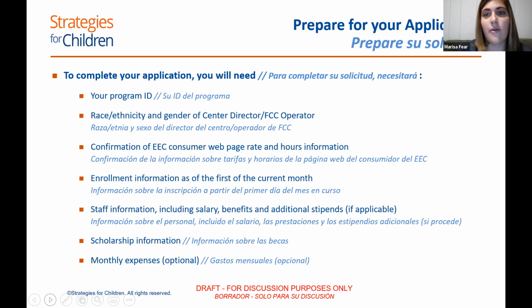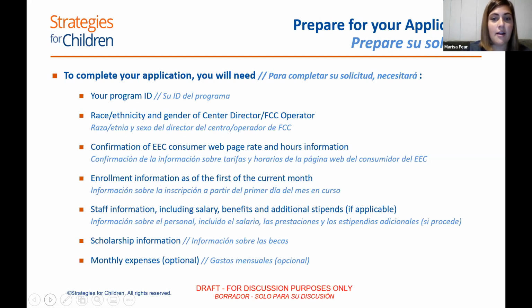All right, so to prepare for your application, you will need your program ID, the race, ethnicity, and gender of either the center director or the family child care operator. And this is a federal requirement. And then EEC is asking all providers to confirm or change the EEC consumer webpage rate and hours information.